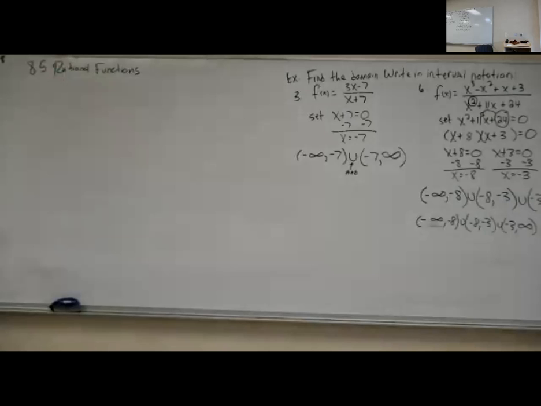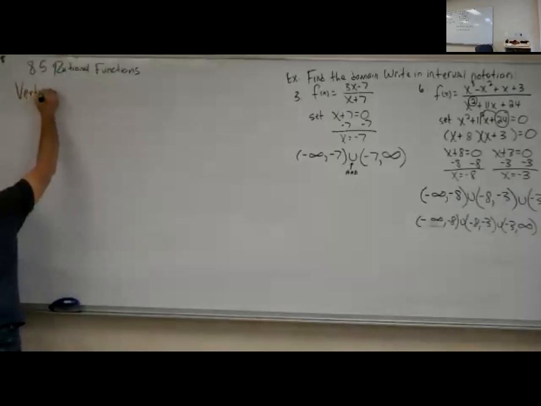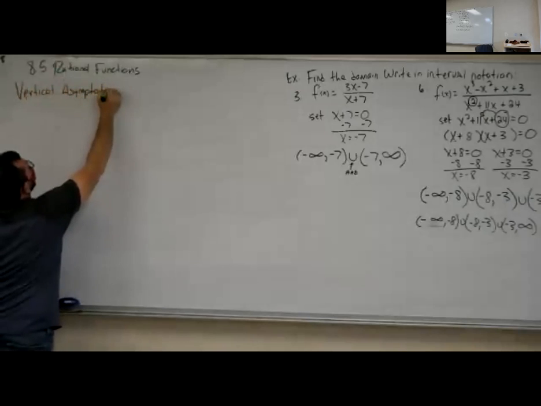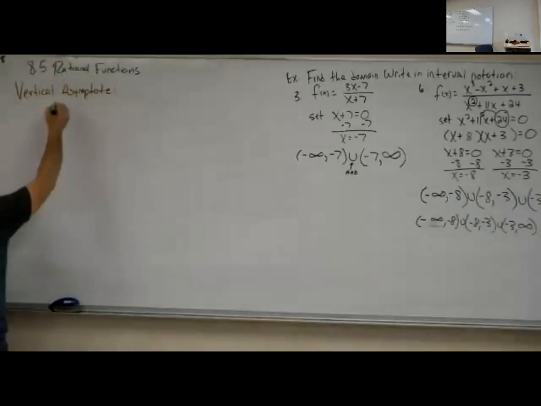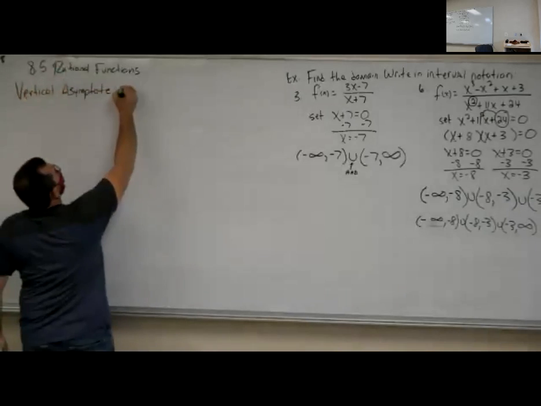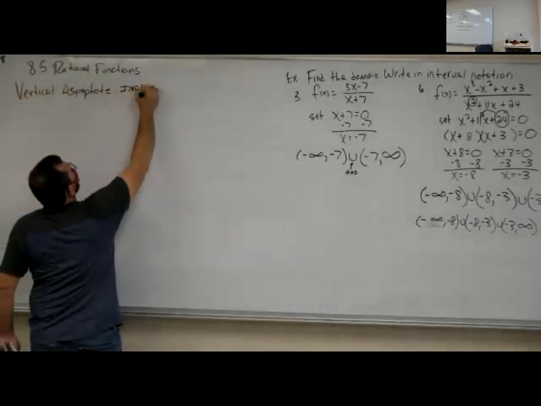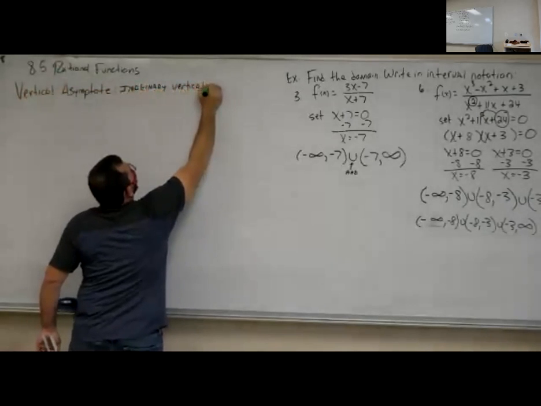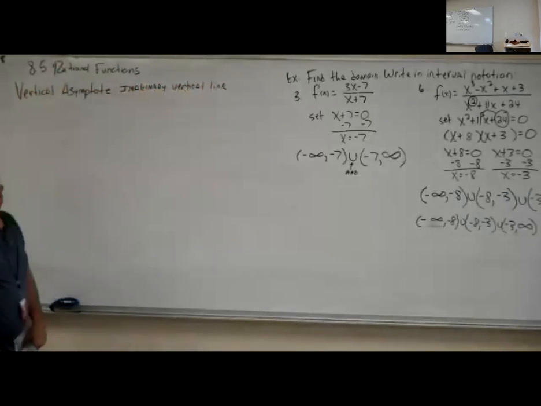All right, so let me give you all a few definitions. First definition is a vertical asymptote. So a vertical asymptote is an imaginary vertical line that occurs where a function is undefined.